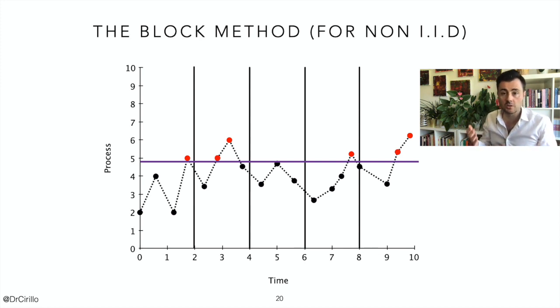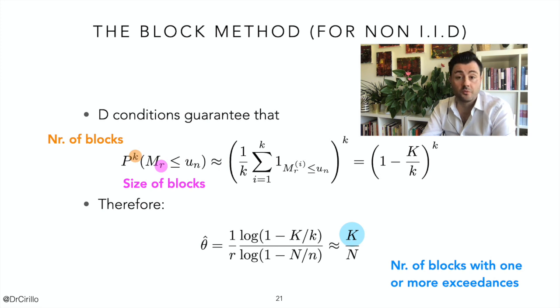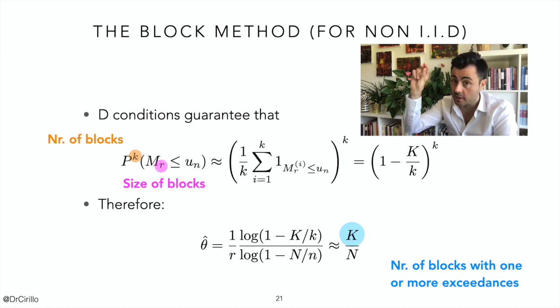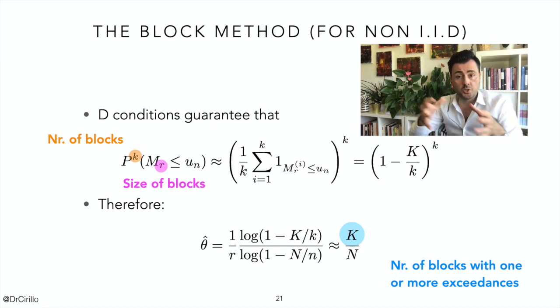Again, here you can imagine that the problem is to decide the size of the block and the level of the threshold. But assuming that for the moment this is not a problem, this is what we will do in the block method approach. Assuming we find a good compromise in the trade-off between the number small k of blocks in which we split our time series and the size r of each block, then we can easily compute the theta index using an apparently trivial quantity.